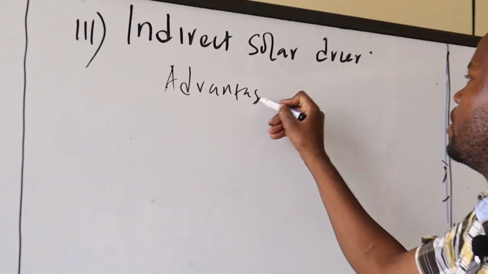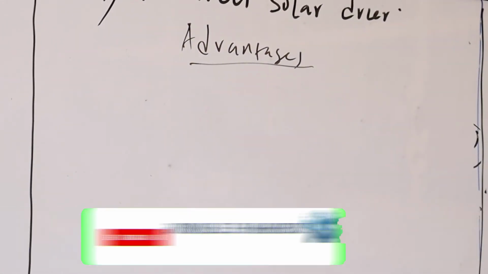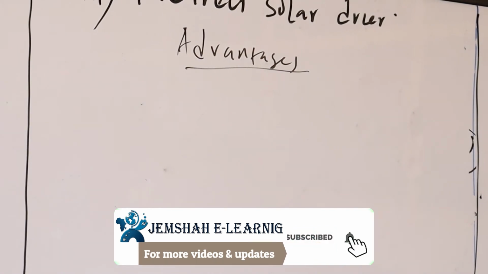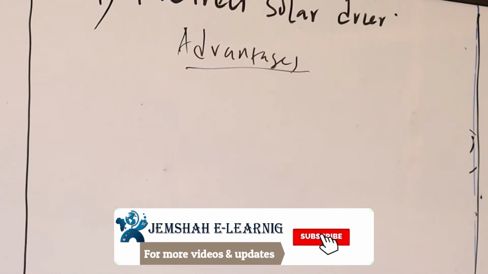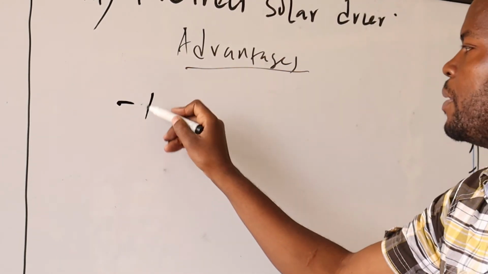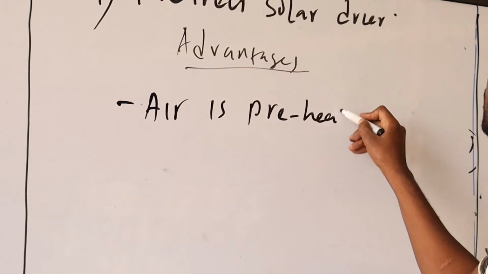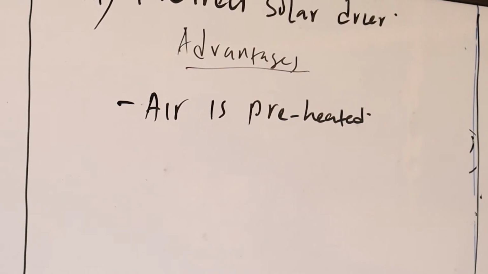Advantages. When you talk about the indirect solar dryer, one of the advantages is that the air that is passing through the collector is preheated, unlike the direct solar dryers.